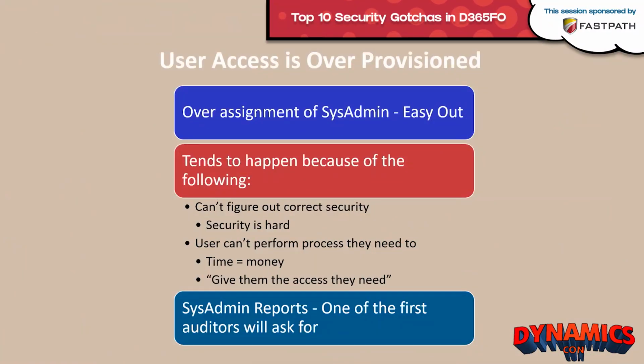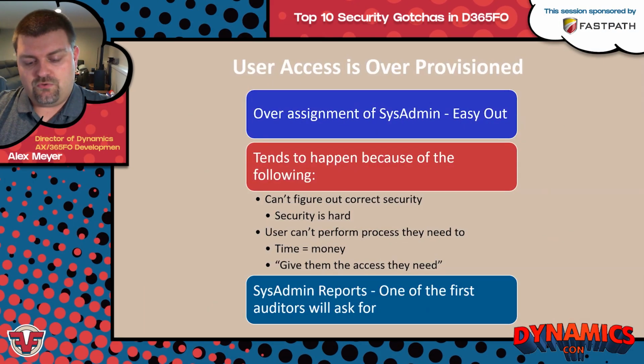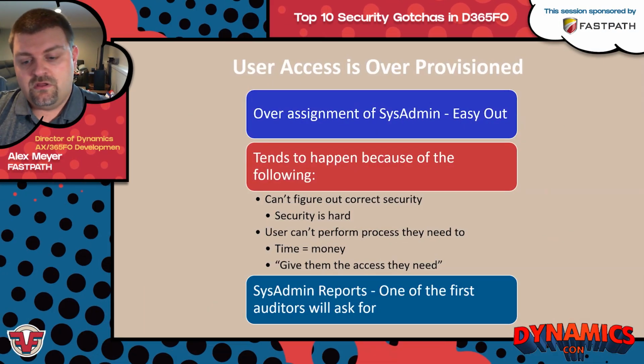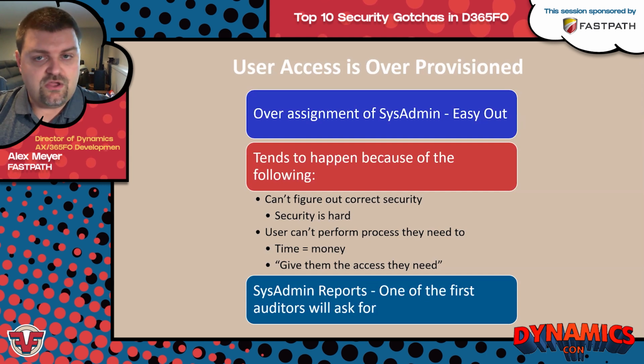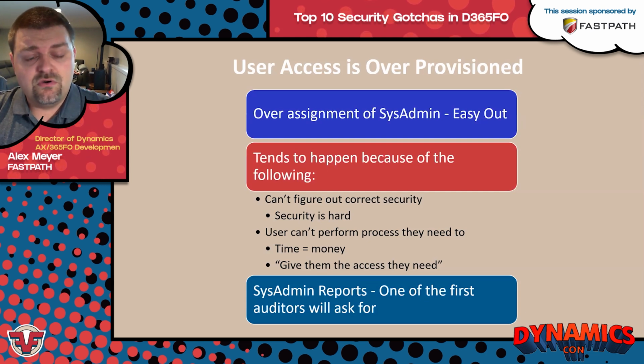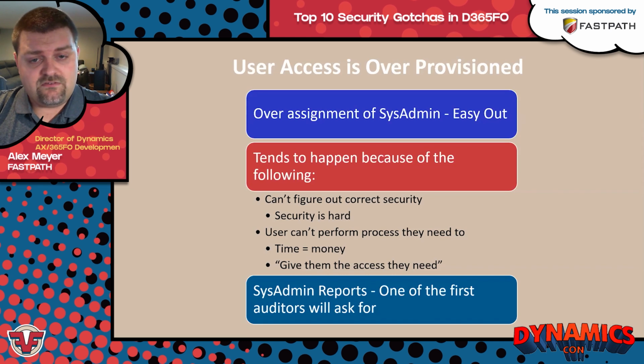All right, the next one that we're going to look at is user access being over-provisioned. This one is going to lead into other points, but the idea is that because security is hard and complicated to set up, it's very easy to just start throwing roles at a user to see if they can do what you need them to do, or in a very extreme case, use a sysadmin role that I have listed here to make sure the user can perform what you need them to do.